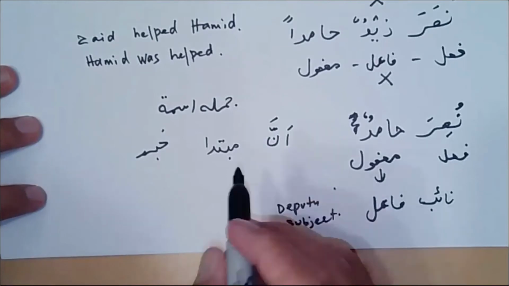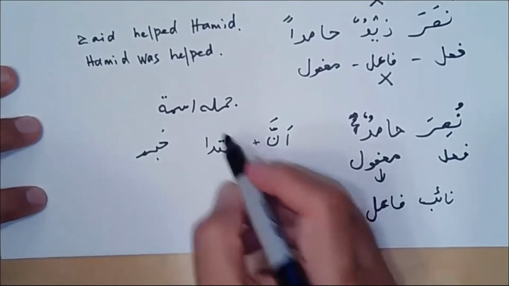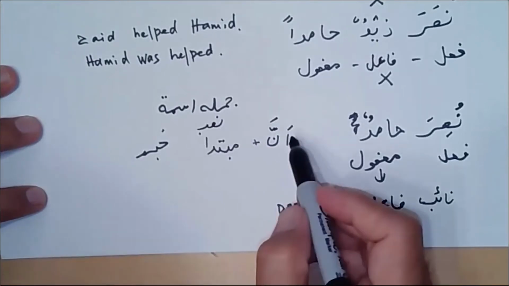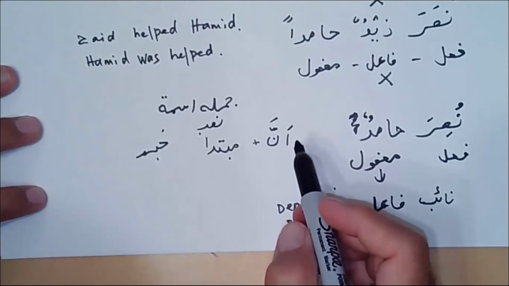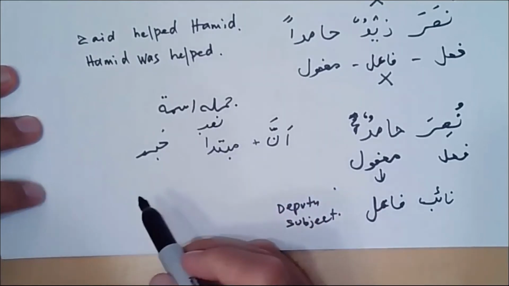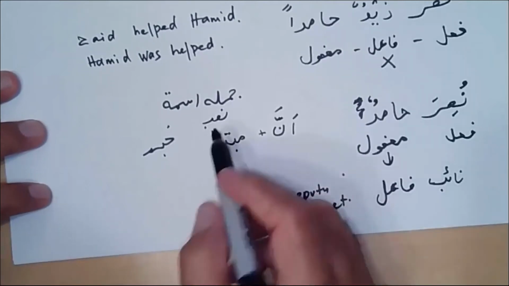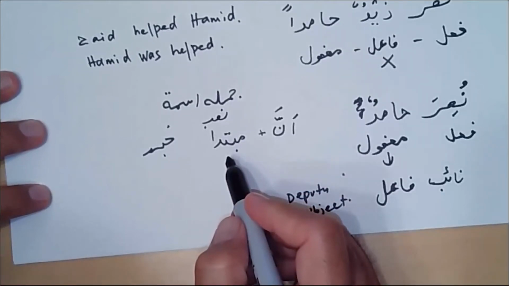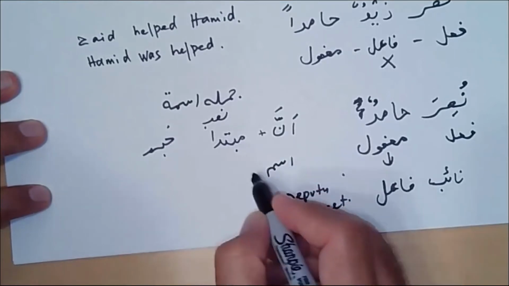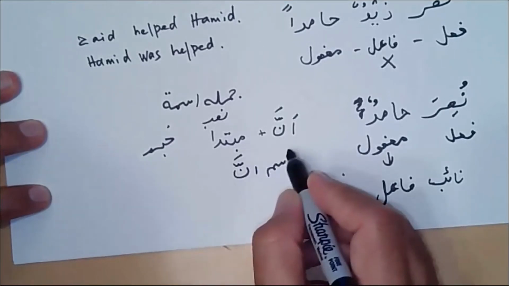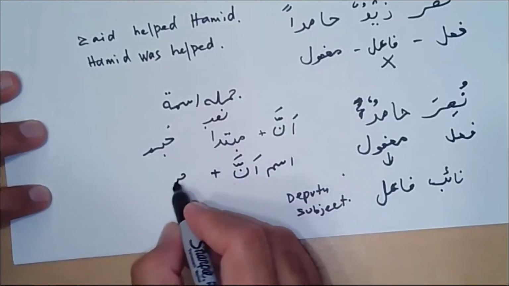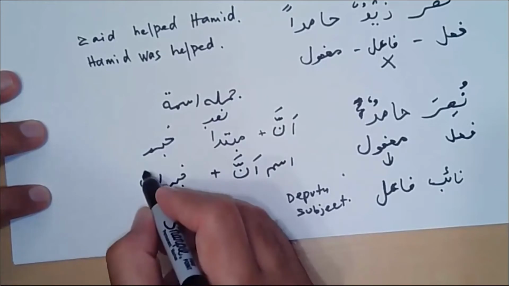What it did, it changed the mubtada into nasab. That was one of the conditions of anna. Anna said, I play by my rule. If I am coming in, the mubtada has to go into nasab. So do we still call it mubtada? No, we call it ism anna. And this khabar is known as khabar anna.